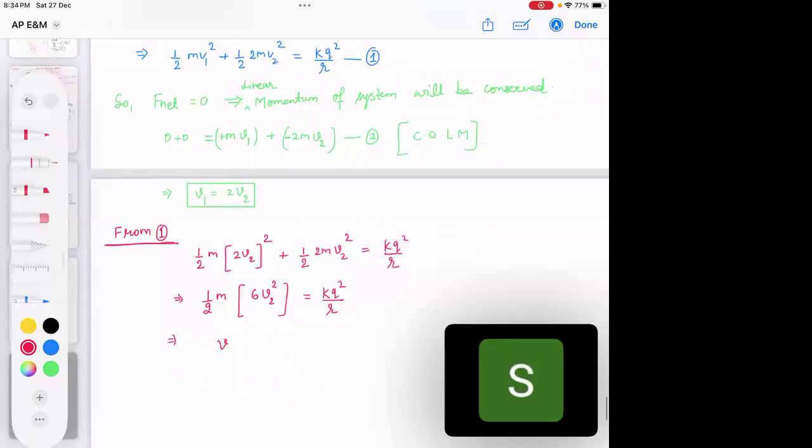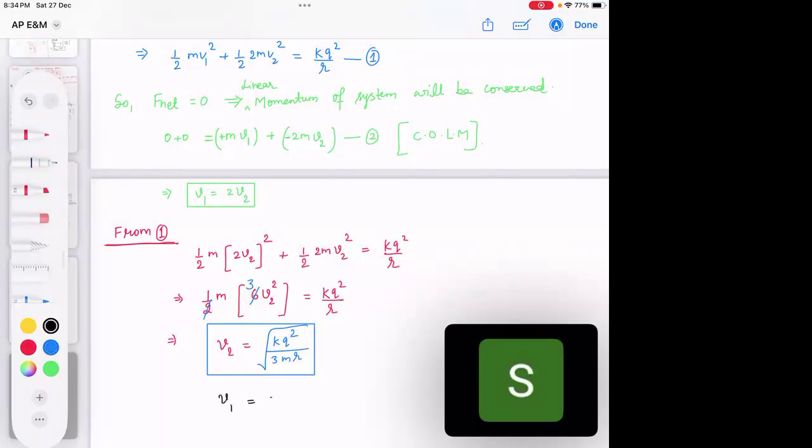So what did we get as the V2 value? V2 is coming, 2 and 6, you can cancel it out. It will become 3. So V2 we are getting as the square root of kq square by 3mr. Please tell me, are you clear about the V2 calculation? So if we know V2, we can also answer what V1 will be.